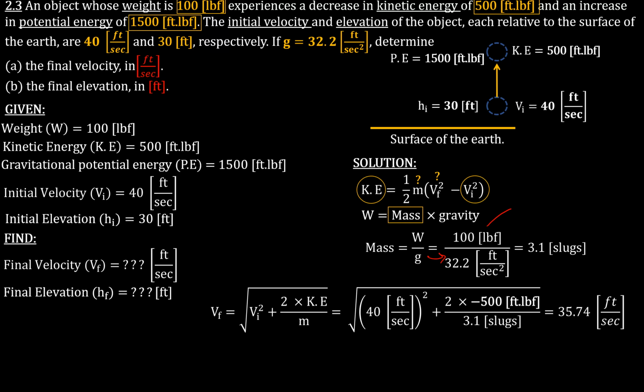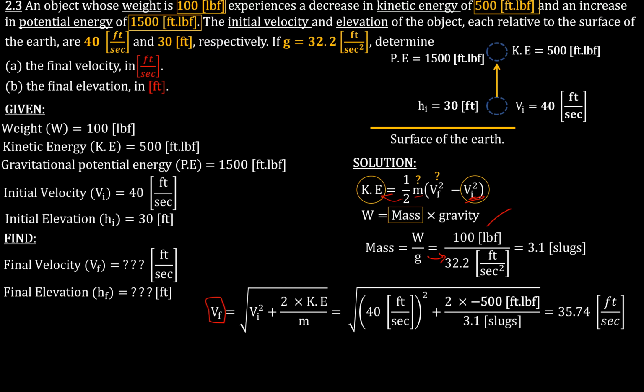Now here we solved for the final velocity using algebra. The 2 will move to the other side of the equation, from division to multiplication, and the mass will also move to the other side, from multiplication to division, and the initial velocity will move to the other side so we can leave the final velocity by itself on one side of the equation.